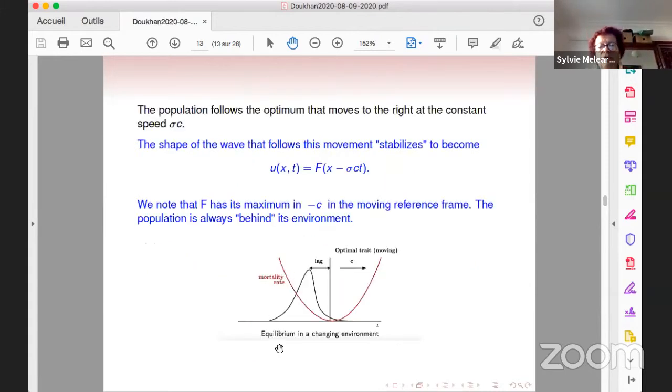Okay, and so that's observed by ecologists, that the population usually adapts to the environmental change, but with a certain lag, with a certain delay, and in our model, this delay is represented by this minus c. The population is always behind its environment, and it's due to the time it takes to adapt.